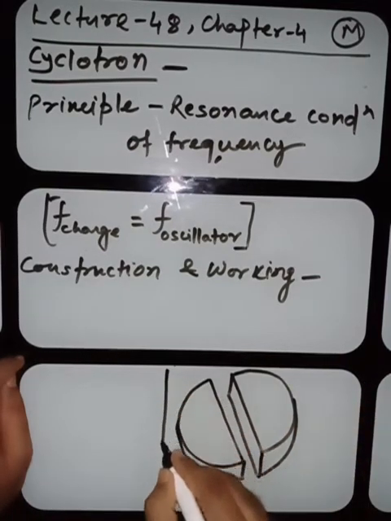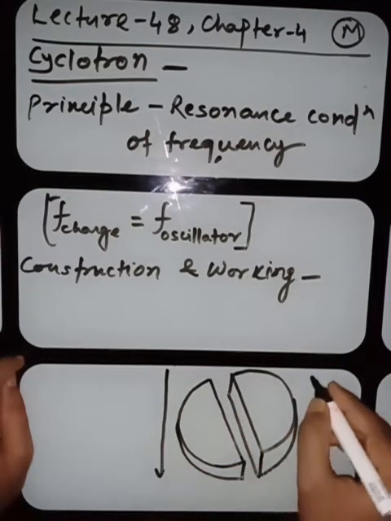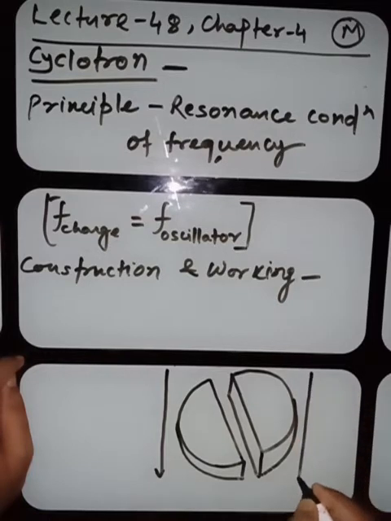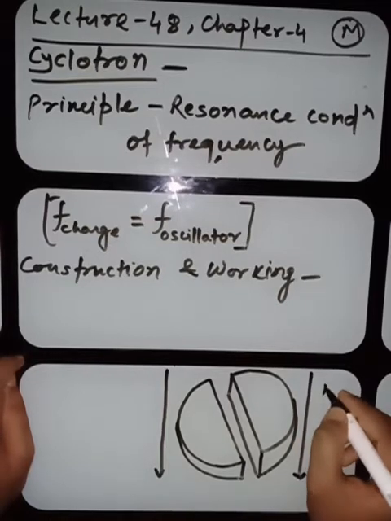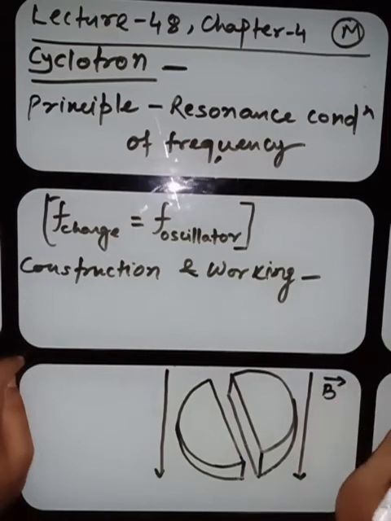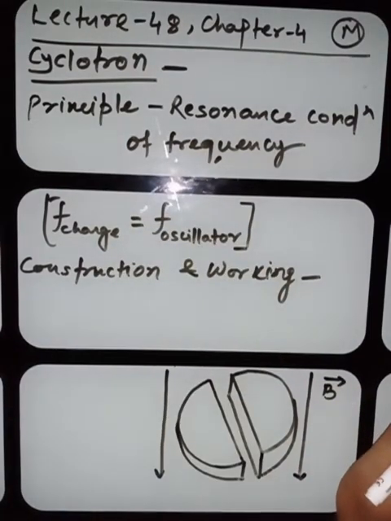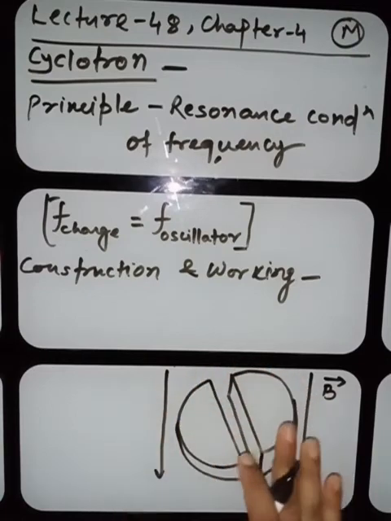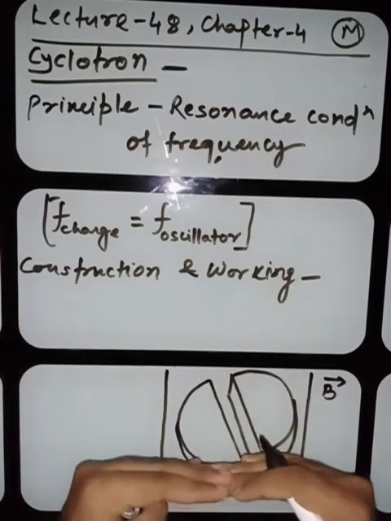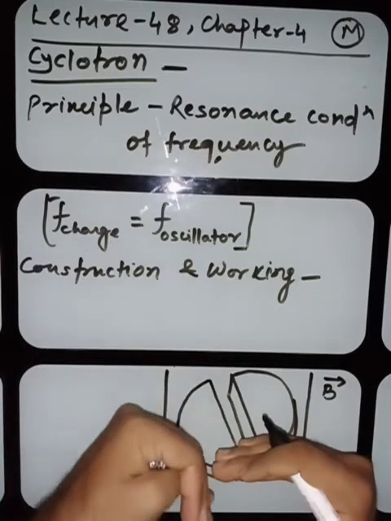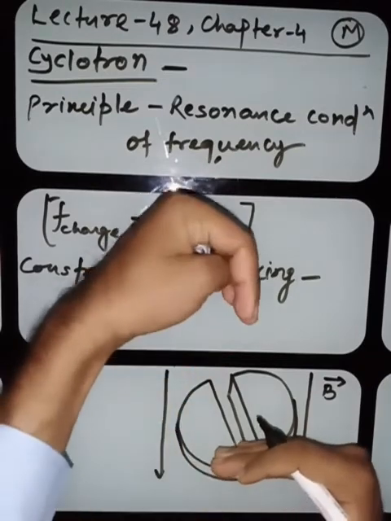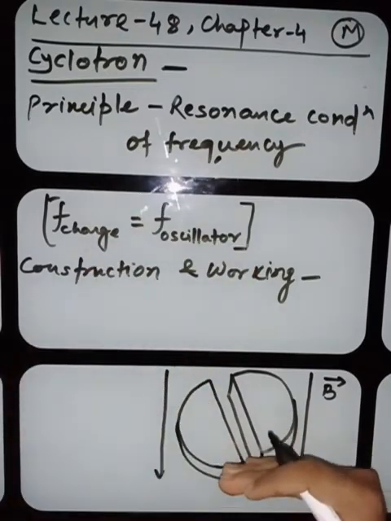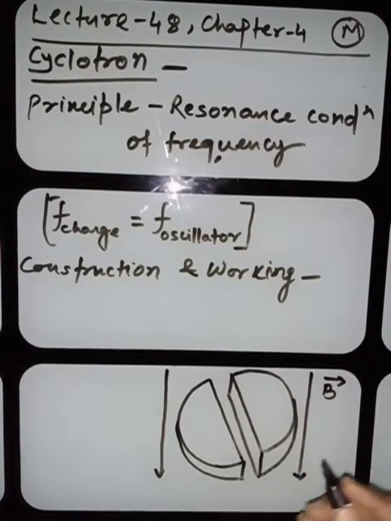It is placed in a magnetic field. This is the magnetic field from up to down. I am making this 3D. It is placed horizontally and the magnetic field is coming from top to bottom.